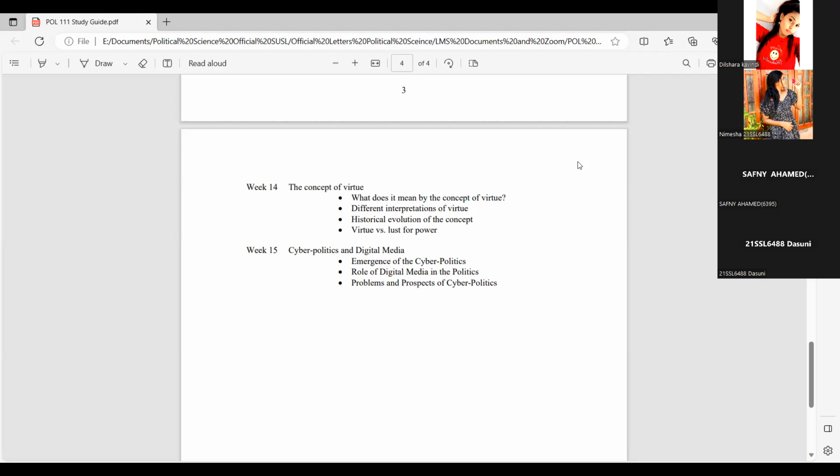In this course, before the end of the course, as the final topic of our discussion series, we will talk about cyber politics and digital media, and what digital media and politics are, problems and prospects of cyber politics. It means what are the problems, what are the prospects, what are the possibilities, positive sides of cyber politics, and also negative sides of cyber politics, right? We will discuss all these things in our future classes.